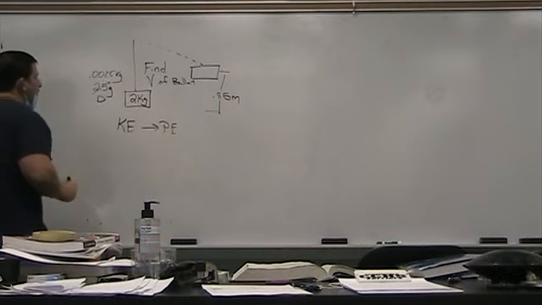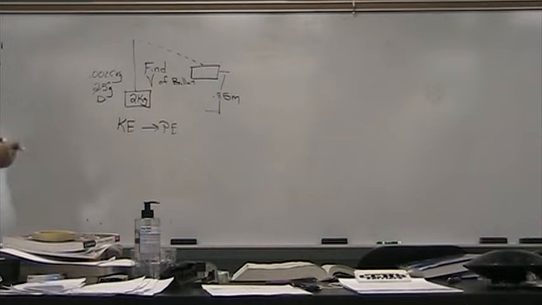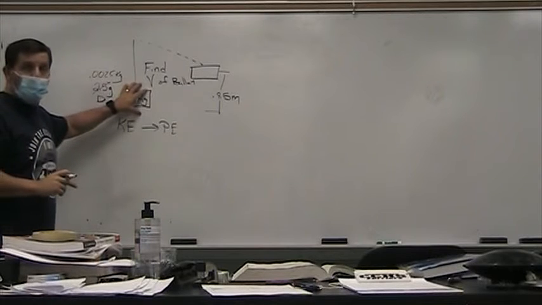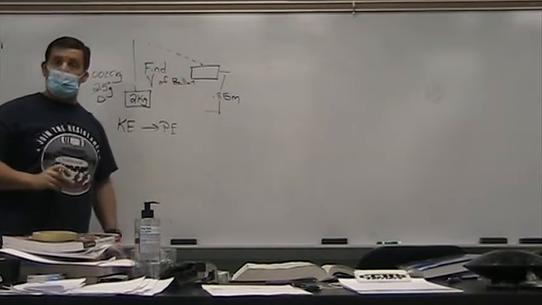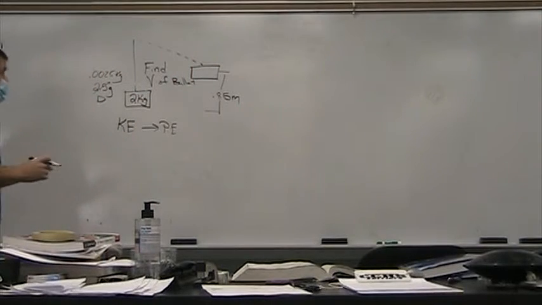Kilograms. All right. So here's what I know. I need to know the kinetic energy of the bullet-block combo is being fully converted into potential energy at the bullet-block combo.